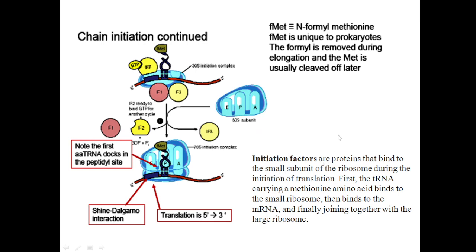Now you can see that initiation factors are proteins which bind the small subunit. At first transfer RNA with methionine binds with the small subunit of the ribosome, then messenger RNA binds, and the big subunit joins.